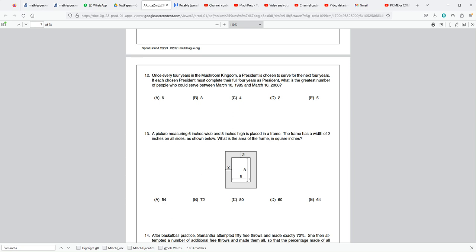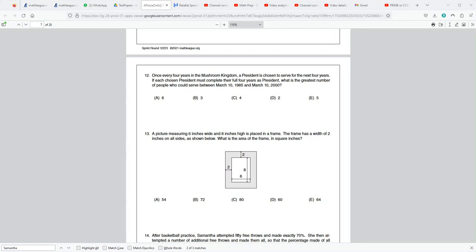Okay, take a moment, pause it, see if you can figure it out, and come back. Okay, do you know how to do it? Yes. The first thing that should come to mind is to find the difference between 2000 and 1985, which is 15 years.